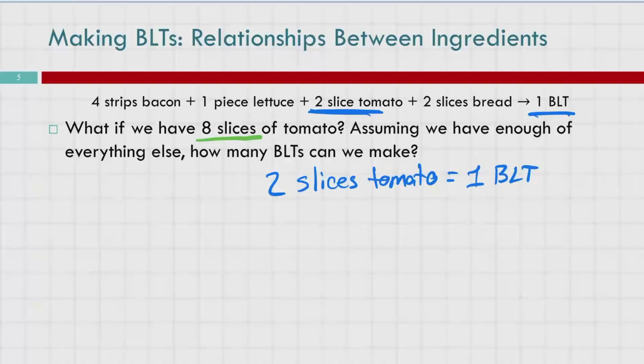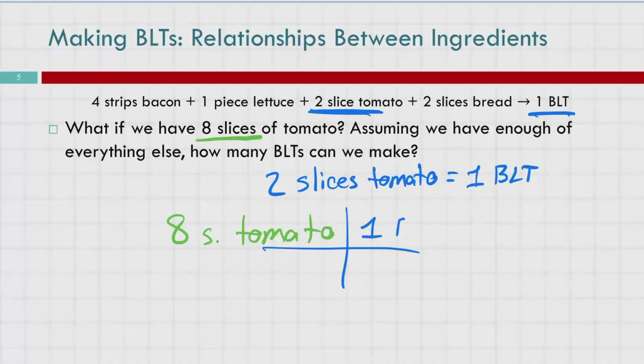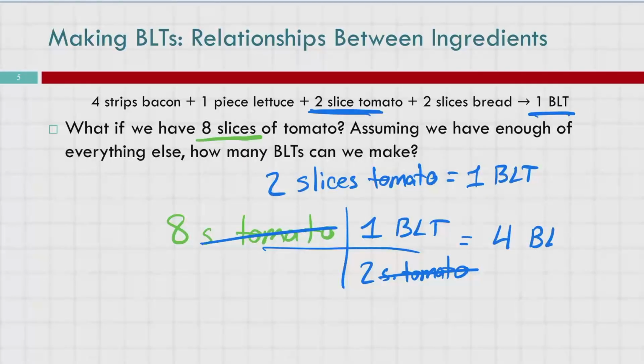We have to put it together. But assuming that all of that goes to plan, our 8 slices of tomato that we started with, we get 1 BLT out for every 2 slices of tomato. The slices of tomato cancel. 8 divided by 2, we could make 4 BLTs.